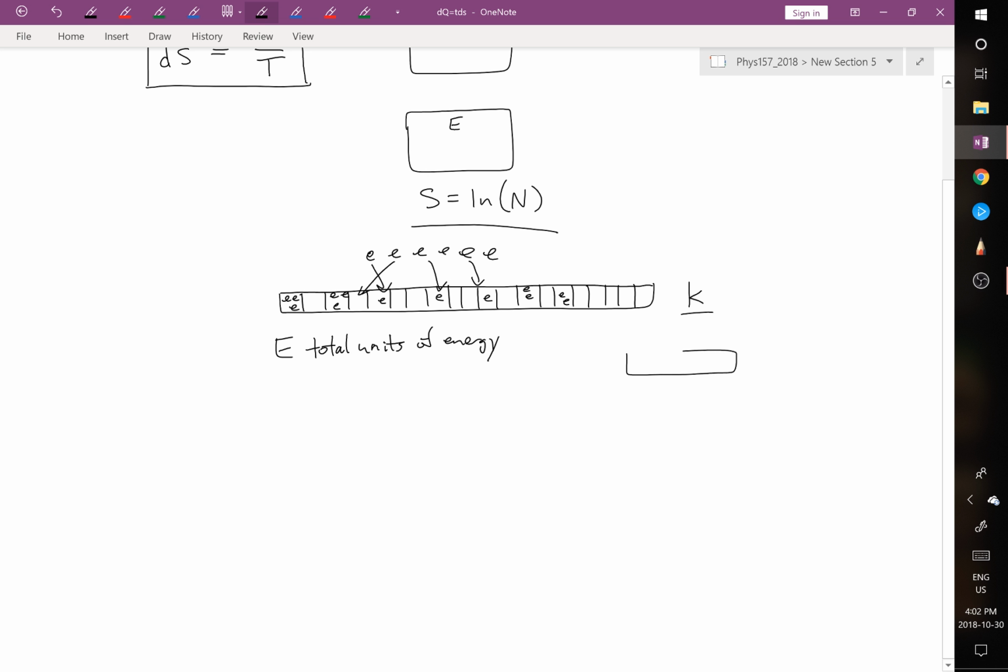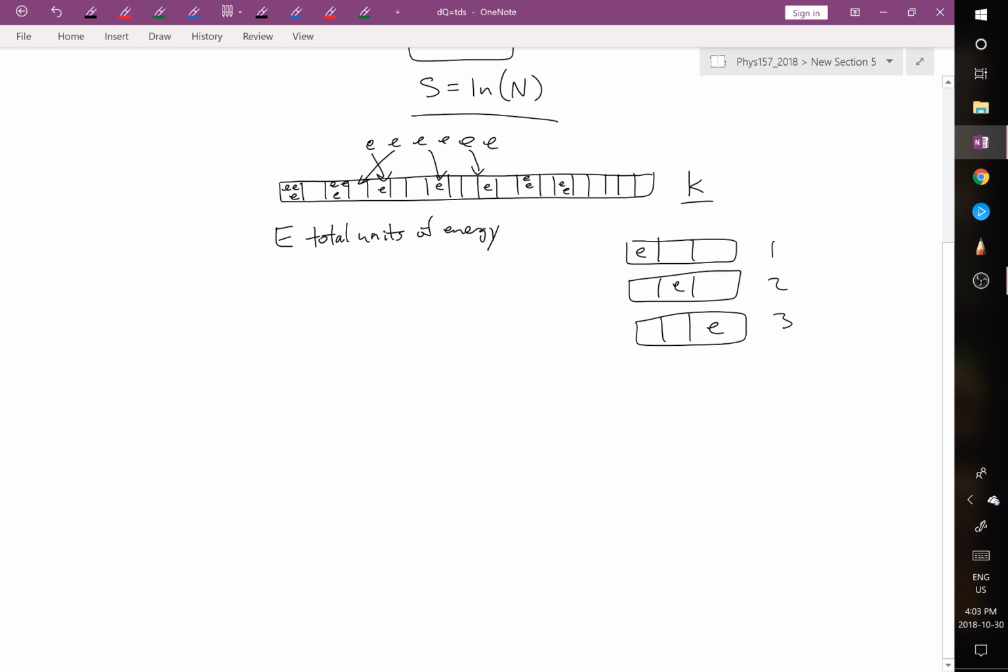If I had 1 unit of energy and 3 molecules, then there are exactly 3 configurations. I could just count them up, 1, 2, 3. But if I have a lot of molecules and a lot of units of energy, then we have to be a little more clever and use a little bit of combinatorics.